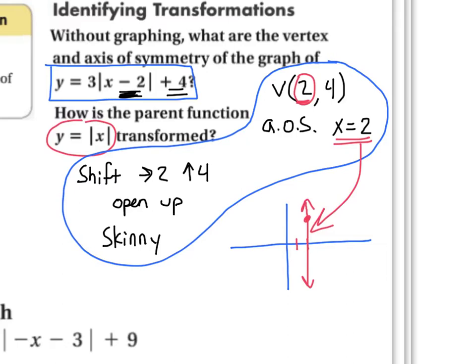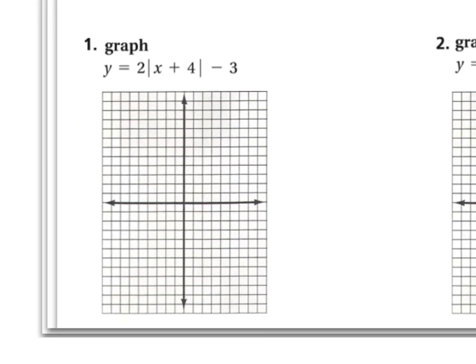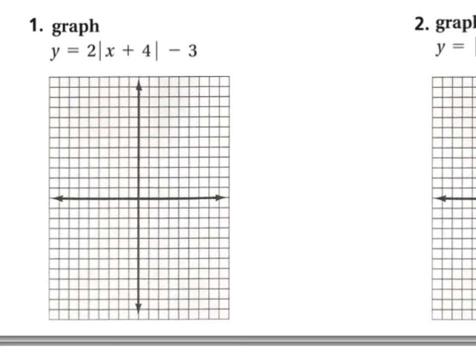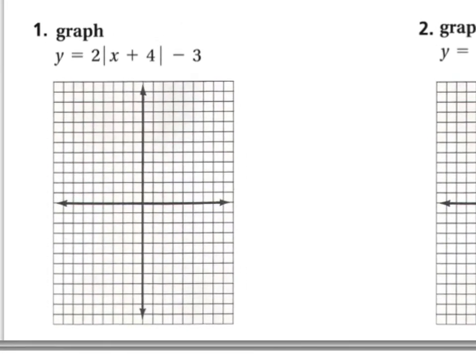Okay, so let's take a look at an example where we are going to try to graph. Again, we want to pull information from our equation first. So, where's our vertex? -4, -3. Where's our axis of symmetry?